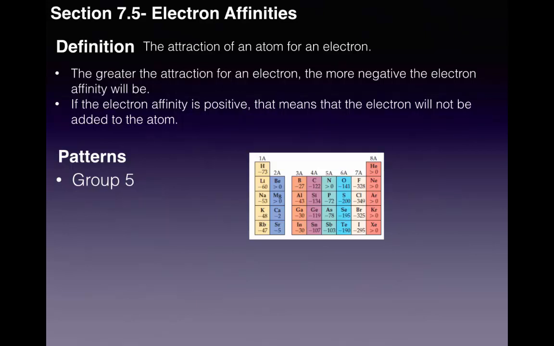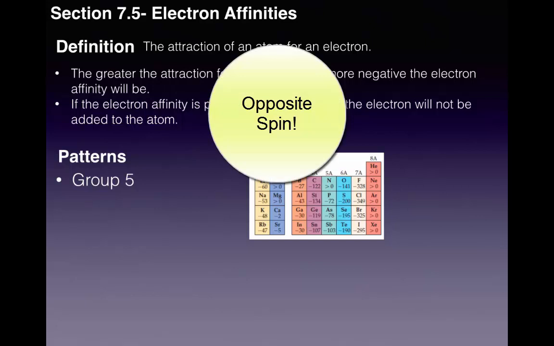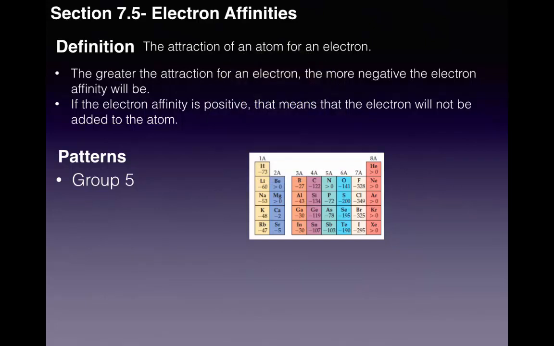Well, nitrogen, if you think about the orbital diagram for nitrogen, it has 3 p orbitals, and they all are half filled. If nitrogen had to add another electron, it would add one to an already occupied orbital with an opposite spin, and those 2 electrons that now occupy the same orbital, they would repel each other.